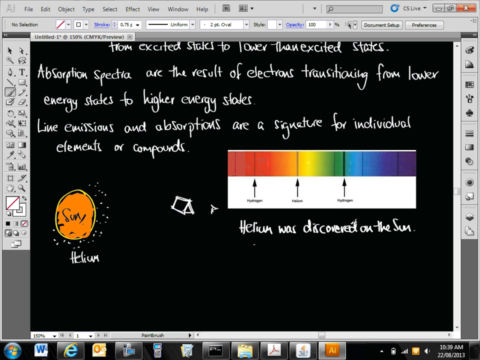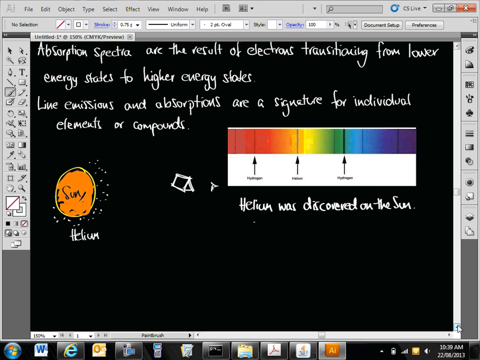Helium, the gas, happens to absorb very specific frequencies, which we call orange. So helium tends to absorb the frequencies in the continuous spectrum that correspond to what we would call the orange color, and that's kind of helium's signature.